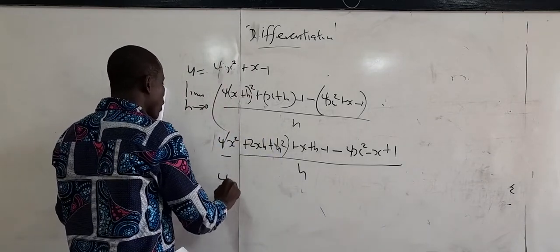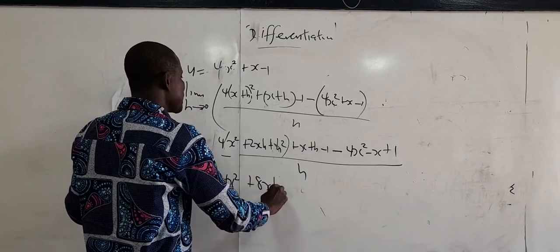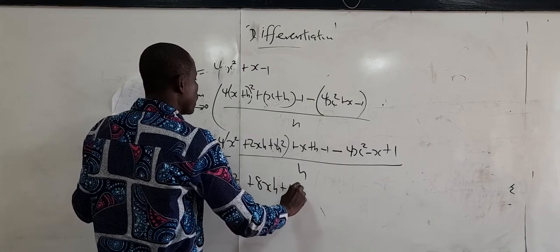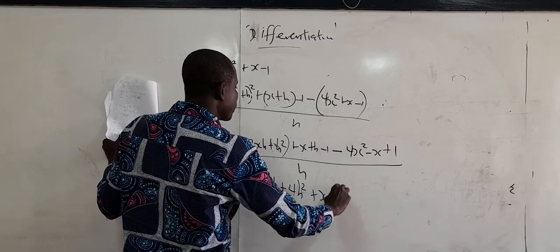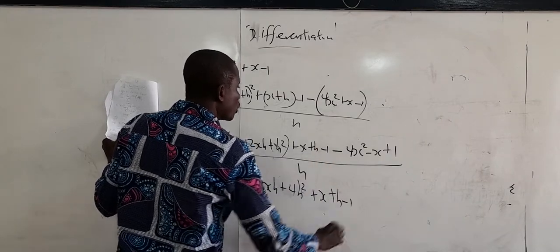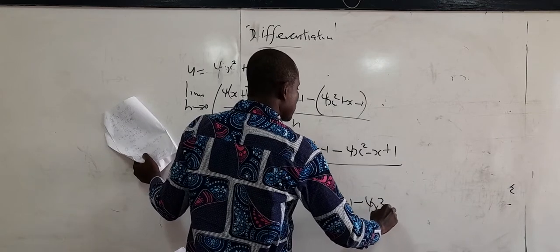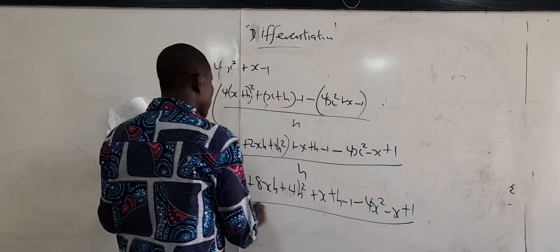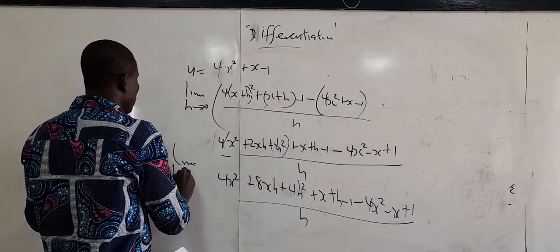Here becomes 4x squared plus 8xh plus 4h squared, plus x plus h, minus 1, minus 4x squared, minus x plus 1, all over h. That's the limit as h approaches 0.